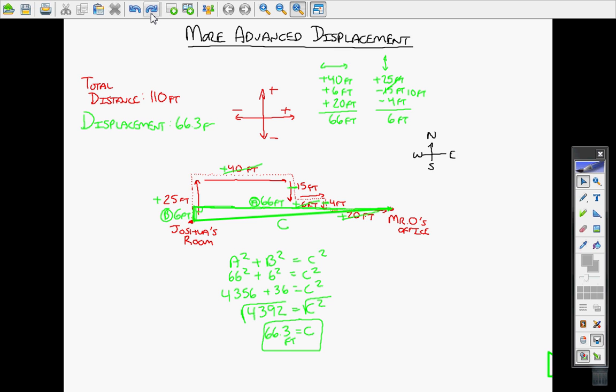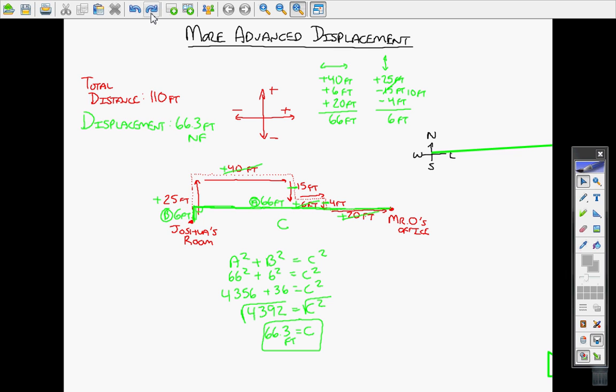Now, in order for it to be truly displacement, we need to also put a direction on there as well. So I'm going to move the hypotenuse, and what you can see is that my hypotenuse is just going slightly above east. So I don't know that I would actually call that northeast. I would almost call that northeast-east, because it's kind of between northeast and east, but it's kind of closer to east.